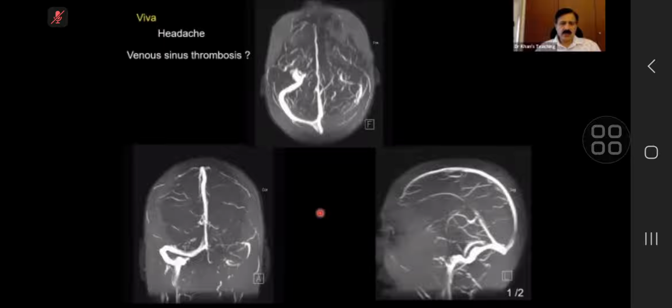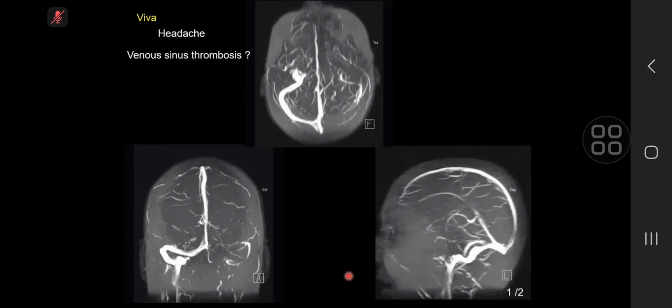There was nothing wrong on the MR. But on the MRV sequence, what is your conclusion? This is the finding, and what is your conclusion? So I can see there's non-opacification on the post-contrast sinus on the left side of the transverse and sigmoid sinus, in keeping with the left transverse and sigmoid sinus thrombosis.